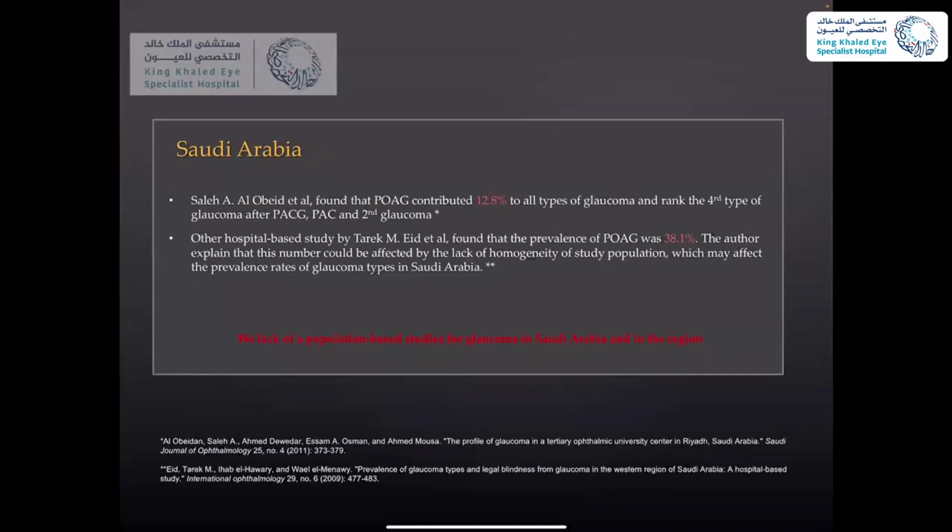Some studies were done, and Prof. Salih Al-Obaidan and his group did a nice study of their patients, and they found that primary open-angle glaucoma contributes around 12.8% of all types of glaucoma. Another hospital-based study by Dr. Tariq and his group found that the prevalence is around 38.1%.